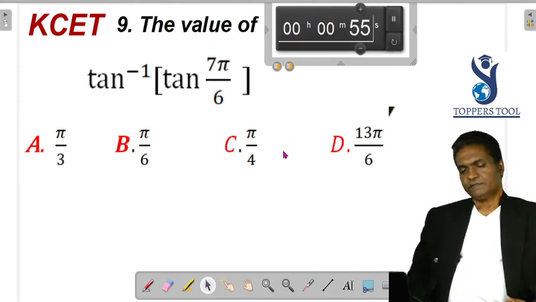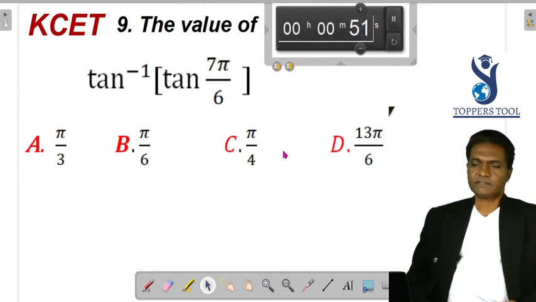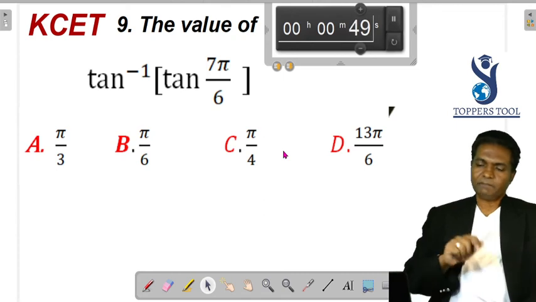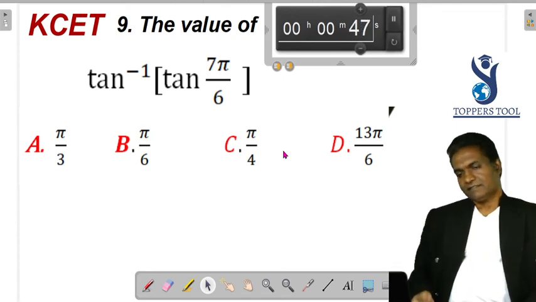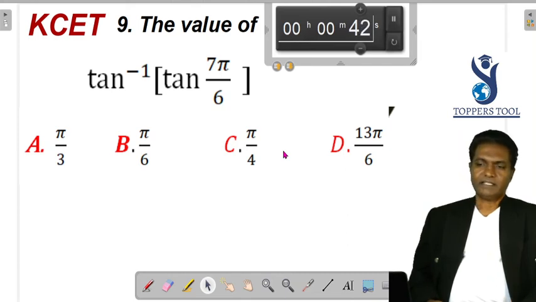Do it. Tan inverse of tan 7 pi by 6. Hint is 7 pi by 6, you write pi plus pi by 6.